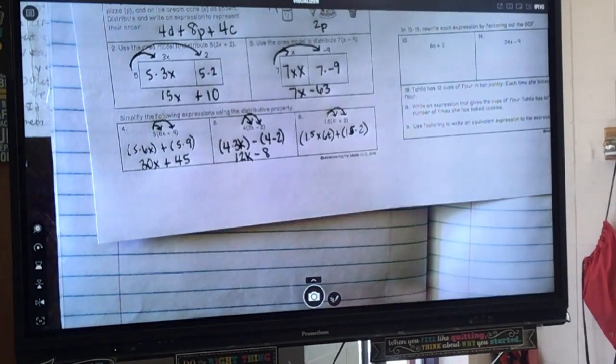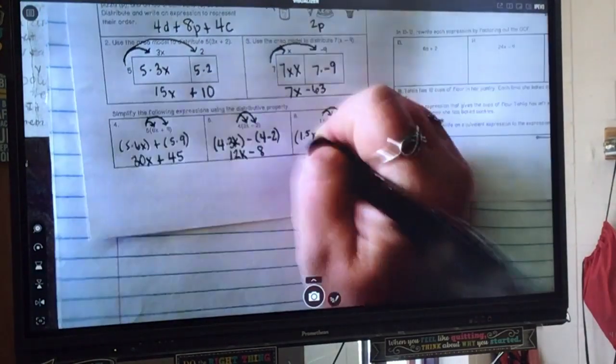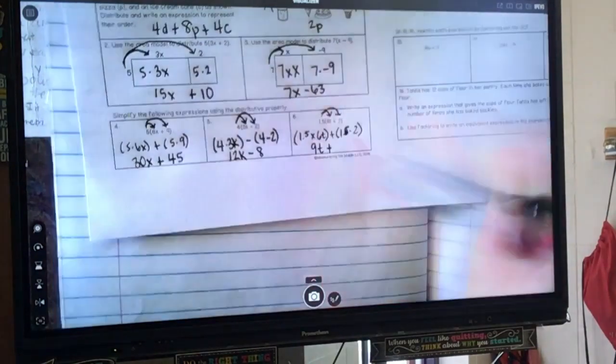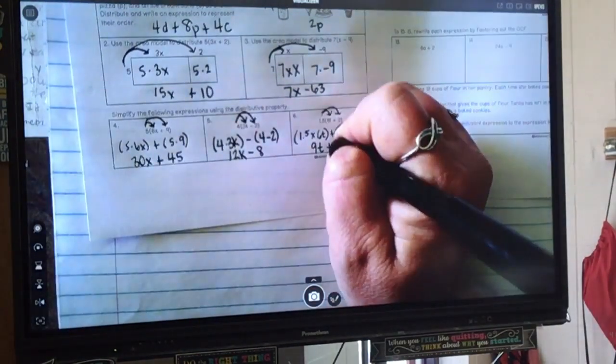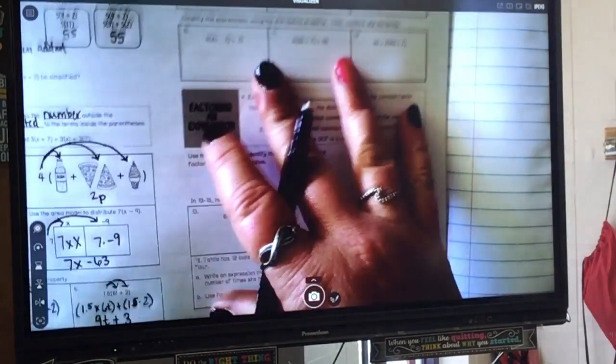Alright, what do you get when you do 1.5 times 6t? You get 9. Plus 1.5 times 2? 3. Alright, 7 through 12 are part of your homework.